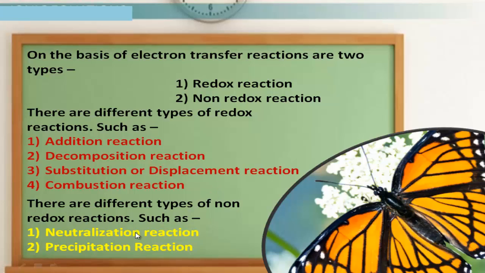That means in these reactions electrons are not transferred, such as neutralization reaction, precipitation reaction, etc. Today I will mainly discuss these types of reactions. So let's start the class.